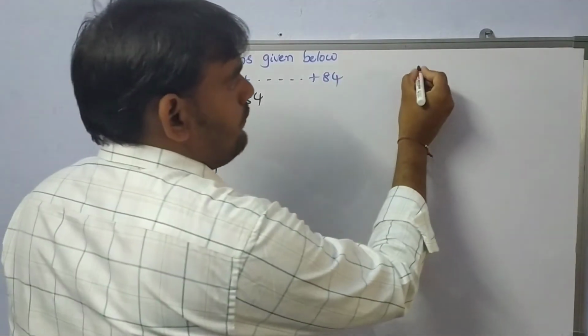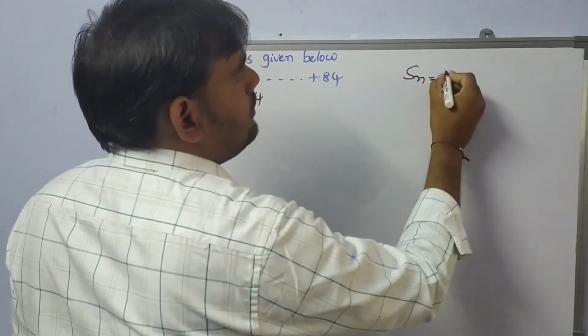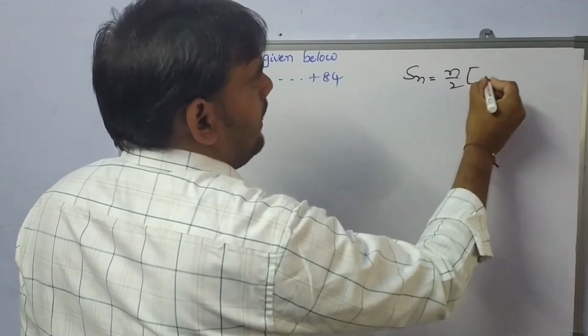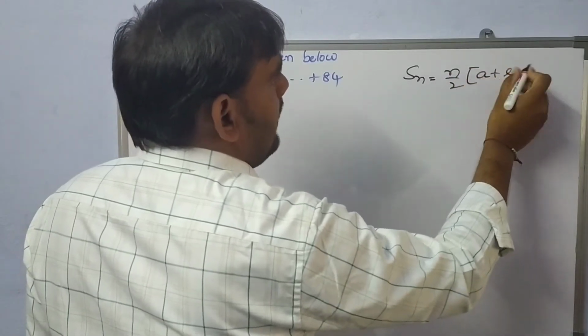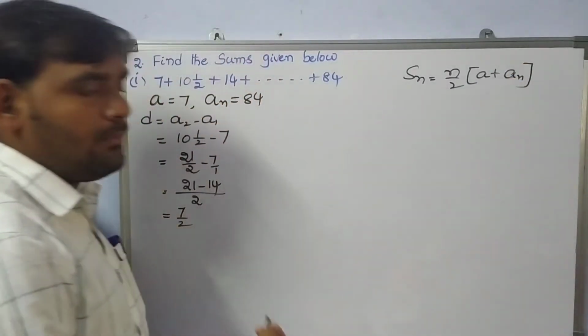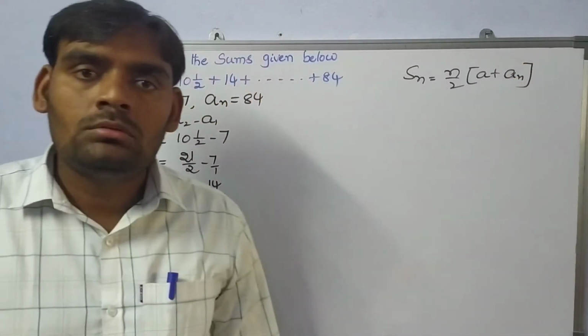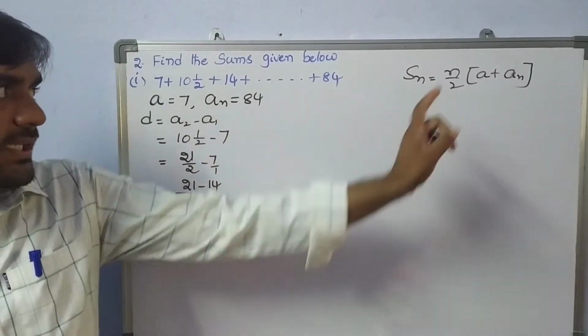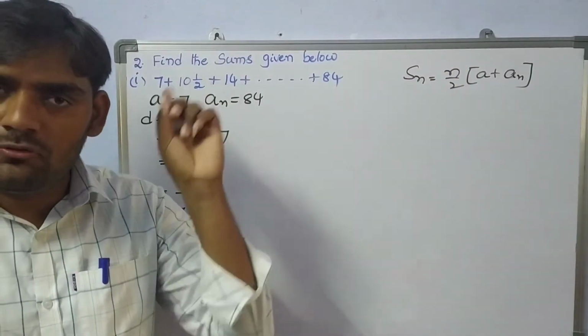So what did I tell you? The formula Sn is equal to n by 2 into (a plus l), or else a plus an, is the formula to find the sum of n terms when you know the first term and last term. But here we don't know n, we need to find n.